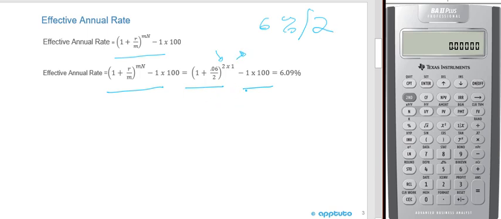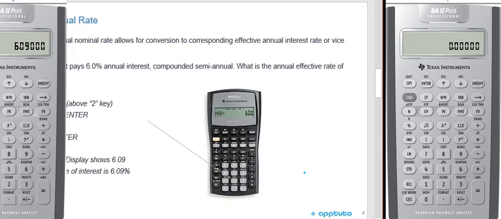So y to the x, 2, minus 1, times 100, and you'll get 6.09%. Let's just do that again: 0.06 divided by 2 plus 1, y to the x, 2, minus 1, and times 100 if we want, and it's going to give us 6.09%.